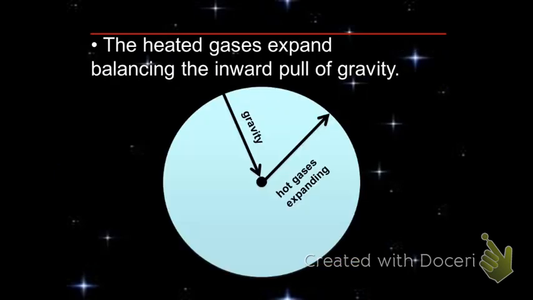Here's something that I didn't realise, but this does actually make sense. The sun's actually getting bigger and bigger all the time. The reason it's getting bigger is because the hot gases are pushing it out, expanding it.